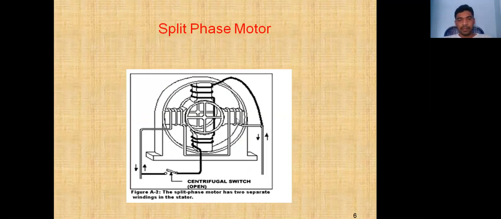Here the winding is split into two parts: this is one part and this is the other part. This is the main winding and this is the auxiliary winding. We have a centrifugal switch in series with the auxiliary winding to open the auxiliary winding in running conditions.